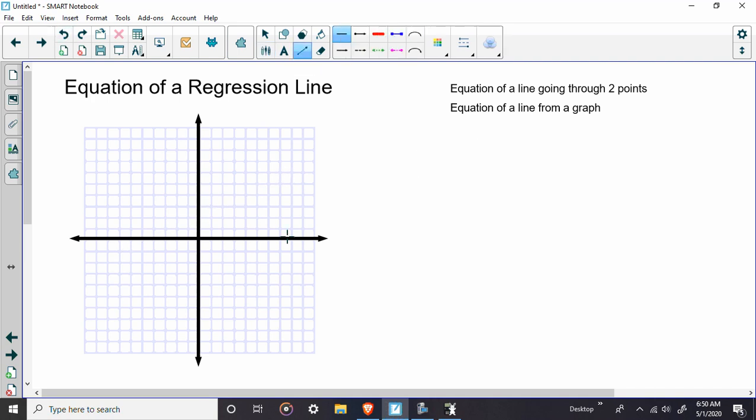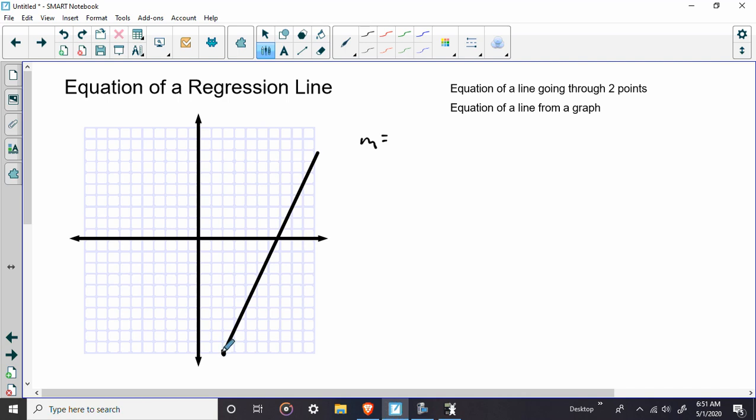What if I told you our line looks something like that? Well, again, to find our slope, we need to find out what's the change in y divided by the change in x.